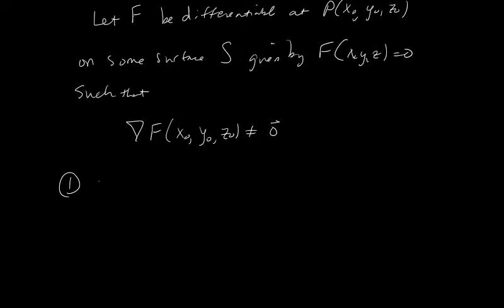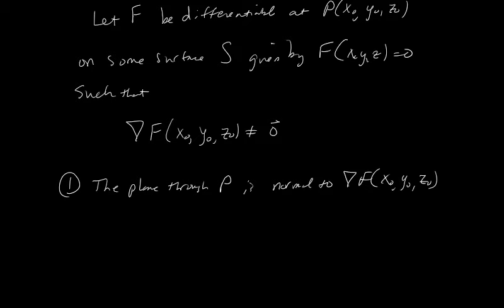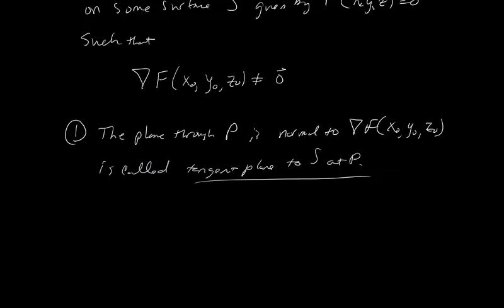The plane through P, through point P, x naught, y naught, z naught, that is normal to the gradient of F at x naught, y naught, z naught is called the tangent plane to the surface S at the point P. Okay?